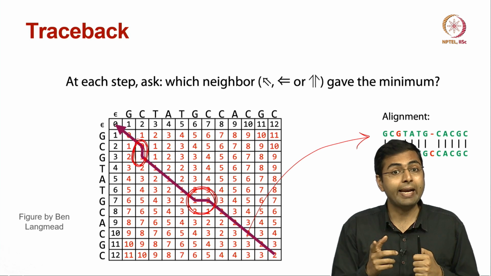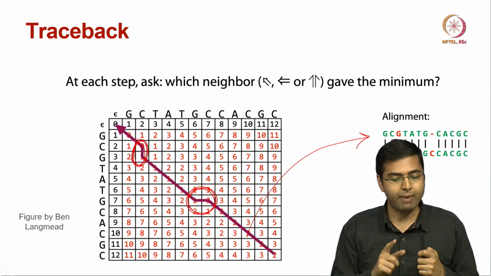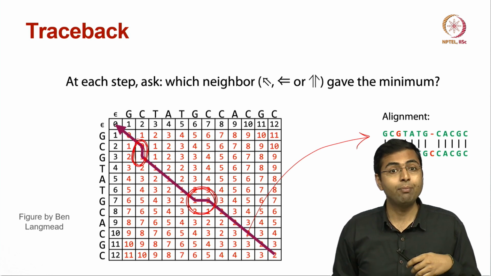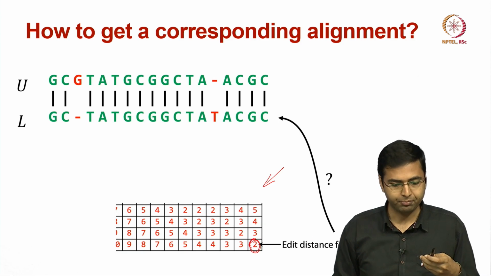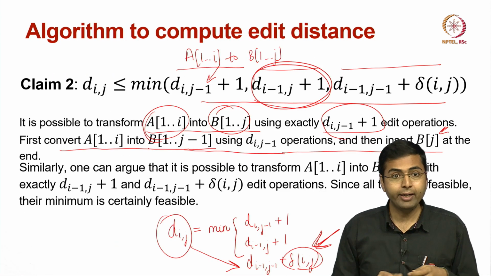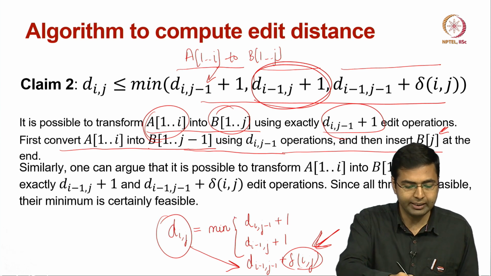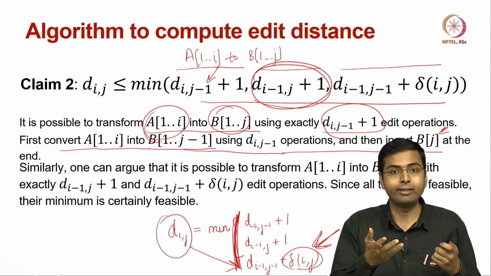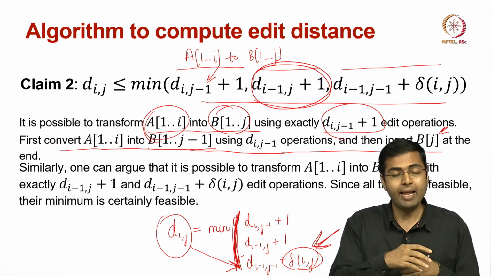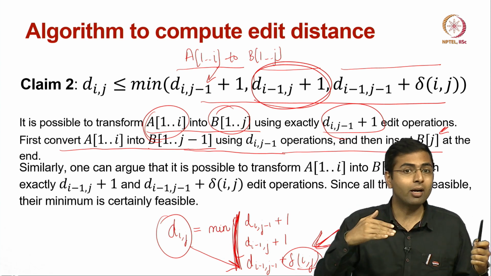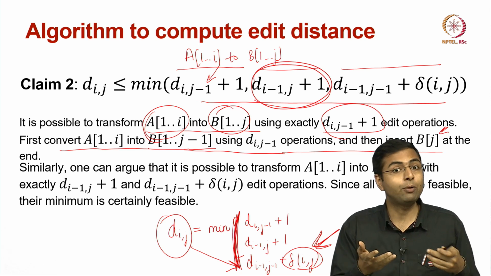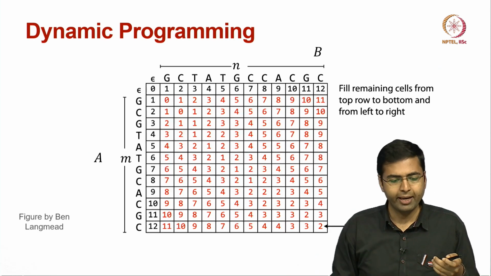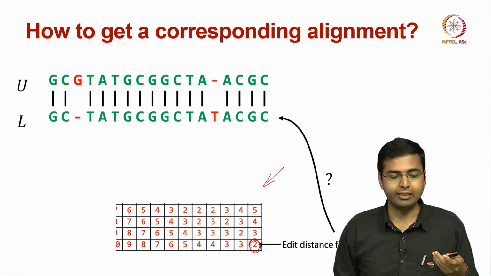Now, in some cases there can be ambiguity when I am doing traceback. There can be more than one alignment which corresponds to the same edit distance. When I am doing traceback, I am looking at what decision I am making between these 3, but it can happen that there are 2 equally good choices to make. For example, I can go either diagonal or left, both of them can sometimes be equally good, in which case I will have to make a random decision.